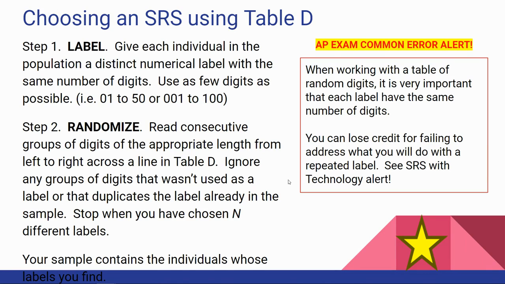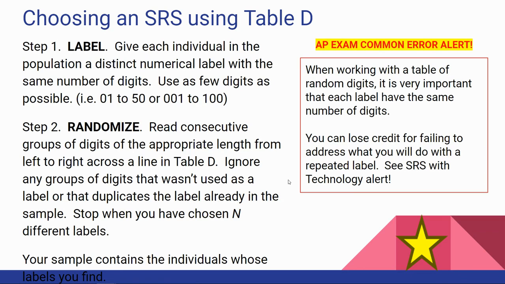Then you would randomize. You would read consecutive groups of digits off of the table D along the same line until you have collected enough distinct labels within the range of your population.